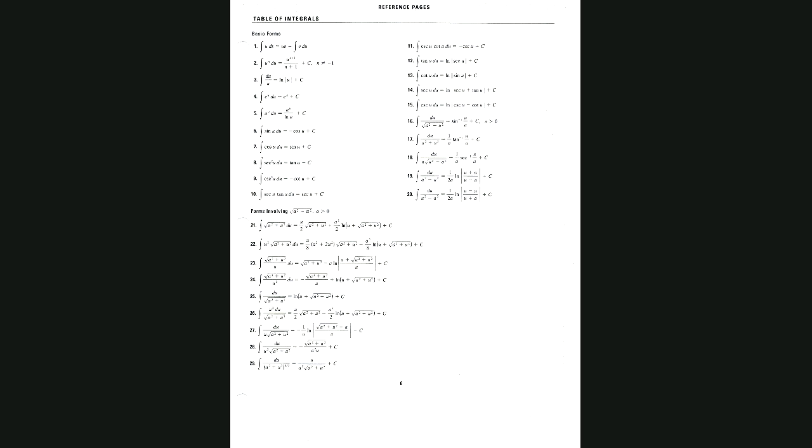I'm not worried about the limits right now. Oh, I see an issue with this formula 28. It's pretty close, but where's the problem lie? Why can't it be formula 28?